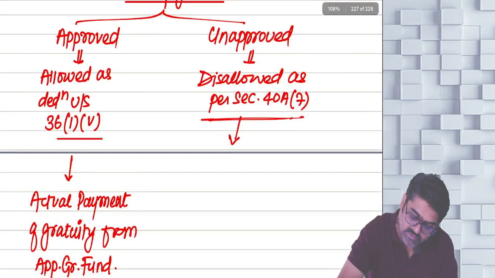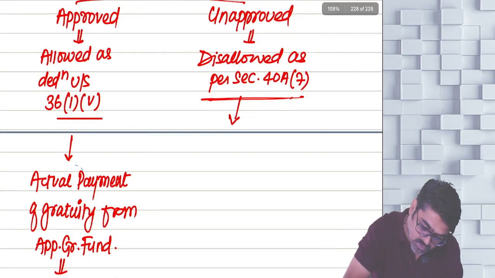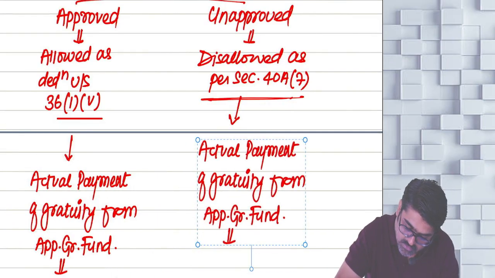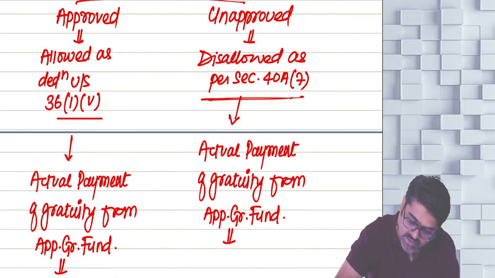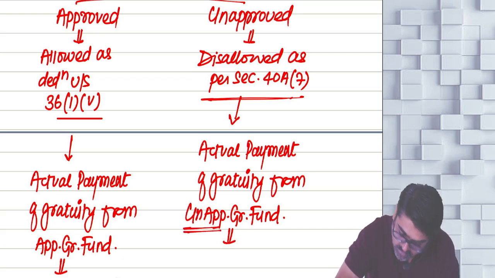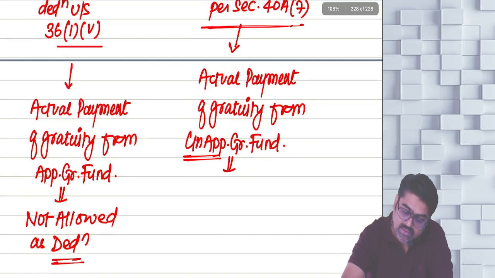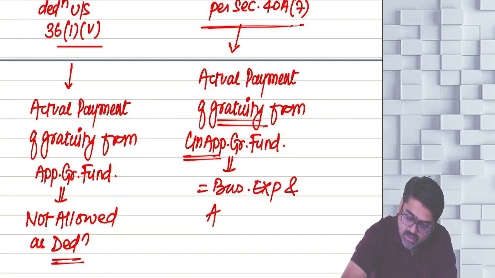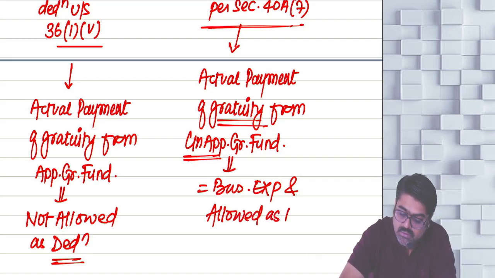Now out of this, actual payment of gratuity is happening in the future from the unapproved gratuity fund. Then that actual gratuity payment will be treated as your business expense, and it will be allowed as your business expense in the year of payment.